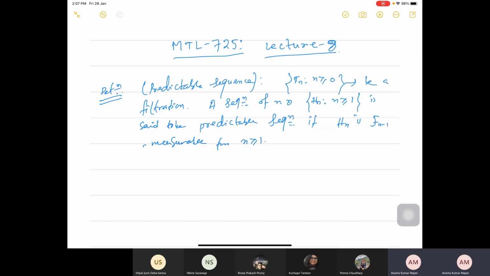Okay, so Hn is F(n-1) measurable. That is why it is predictable. Okay, that is the definition of a predictable sequence.